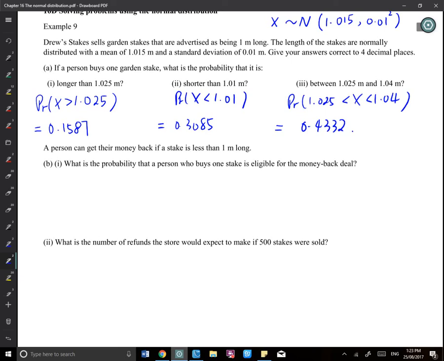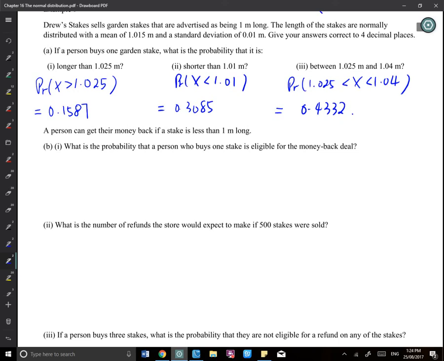What's the probability if I set the mean at exactly 1? You refund the person with probability 0.5. If 1 is the mean, it's exactly in the middle, so you have half the chance to refund people, but that's what you don't want. So that's why they set the mean slightly higher, to reduce the probability of refunding people. You will see a similar question later.